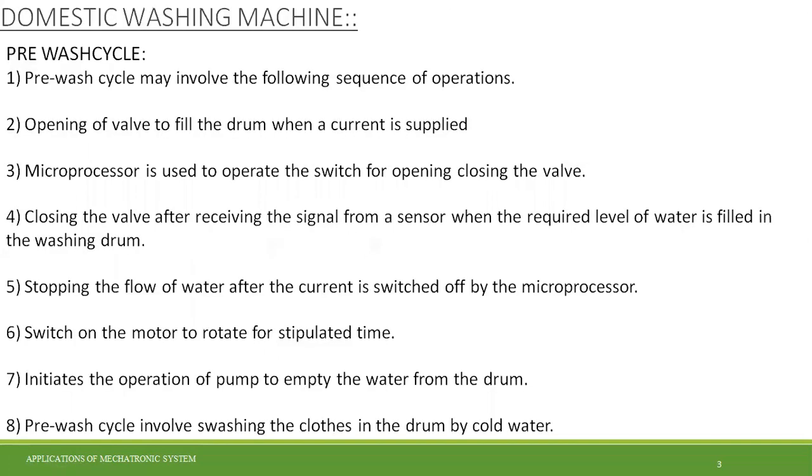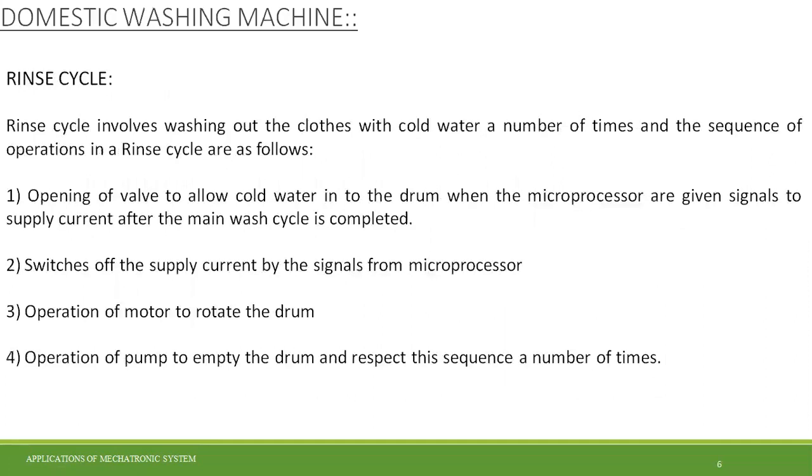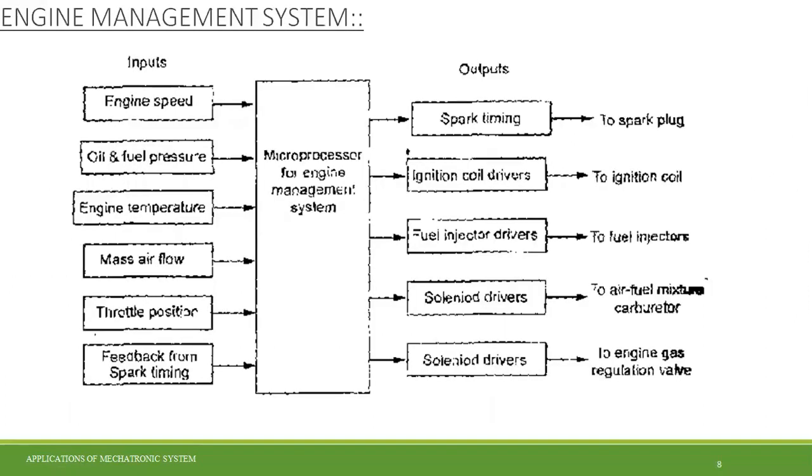Moving on to another application, which was discussed in the previous class: the engine management system. Even in this engine management system, the microprocessor plays a major role, considering the inputs and outputs. Both are interconnected with the microprocessor.